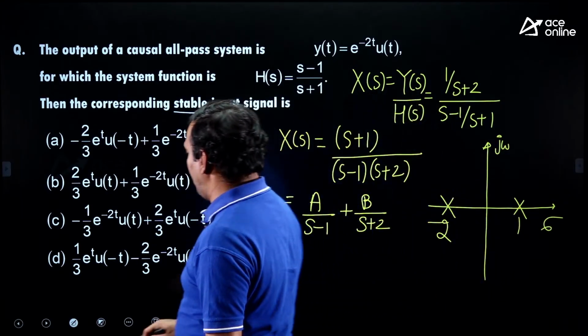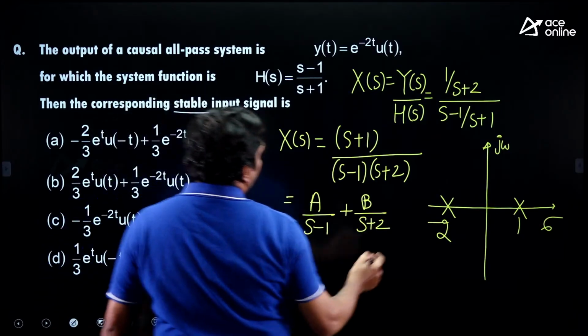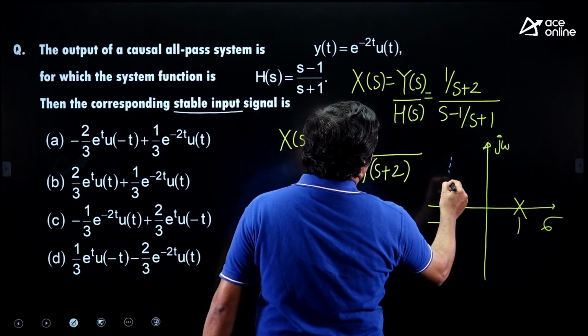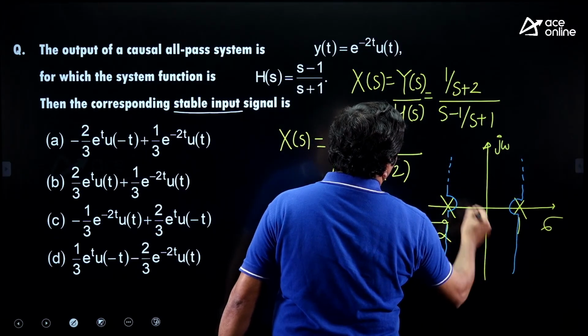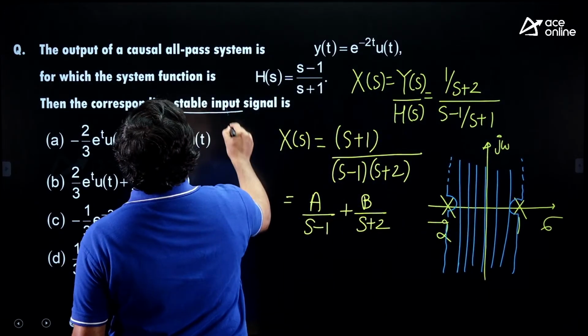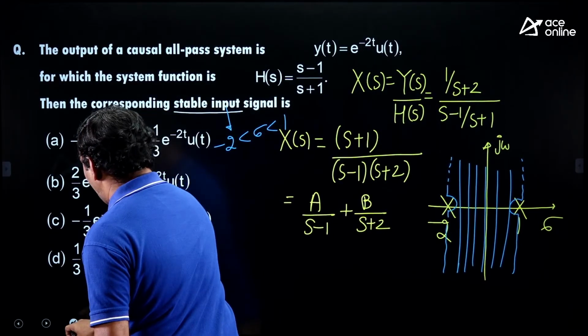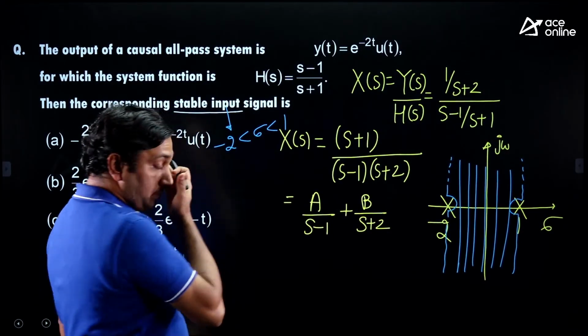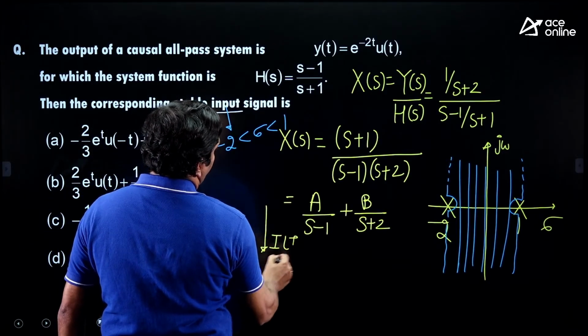The word stability is used, so ROC must include what? To maintain that stability, stable input, ROC must include the j omega axis. That is our requirement. To get the stable input, ROC is between minus 2 and 1.